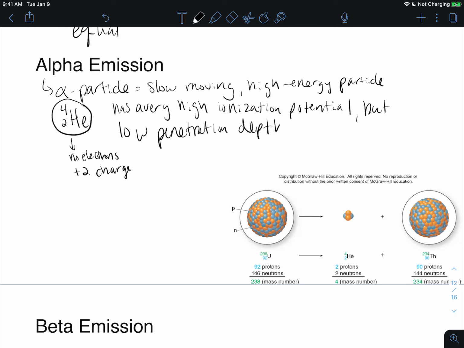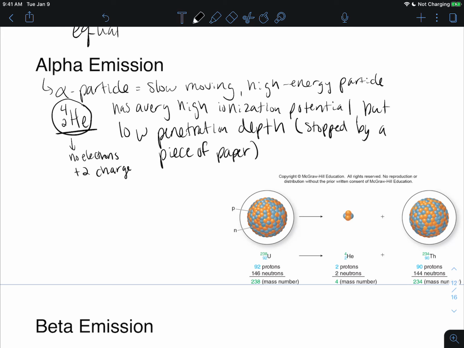So generally, we would not consider alpha particles to be that dangerous as long as you don't open your mouth. So this would be stopped by a piece of paper. Okay, so this is how we write an alpha particle.